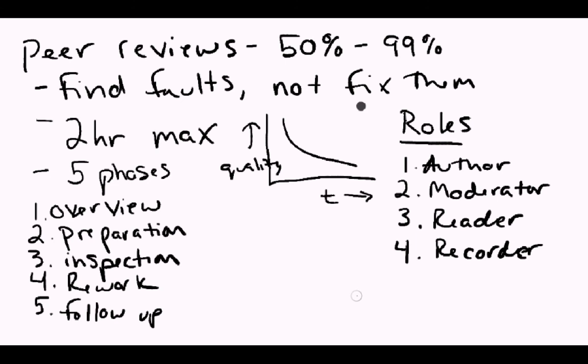Okay. The recorder also records things like how long each reviewer spent preparing for the review. Again, in a really mature process, we measure as much as possible. So we measure things like time spent preparing for the review.